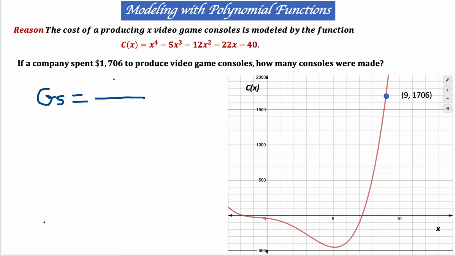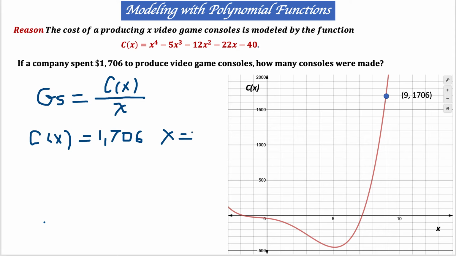Now it's going to be the total cost of the games divided by how much it cost to produce one game, here over x. In this case we already know c of x is equal to 1706, and x is equal to 9.